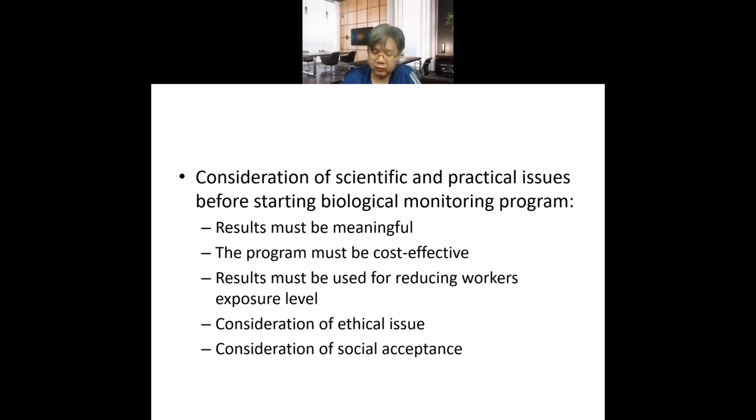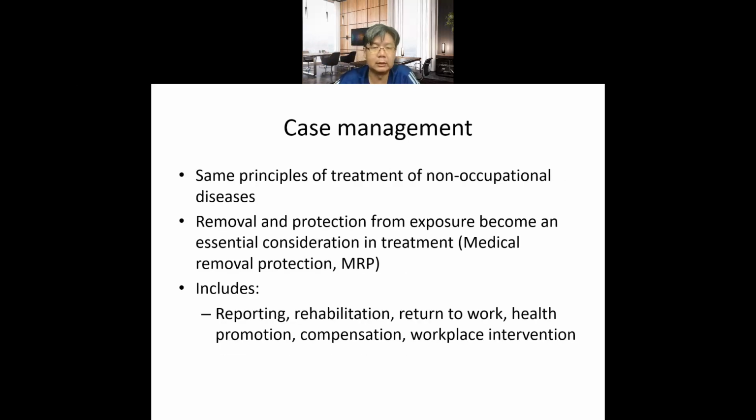So these are considerations before we can carry out a biological monitoring program. Actually, it's not your concern anymore, because whatever guideline has been published already had all this information taken into consideration. So we just have to follow it.